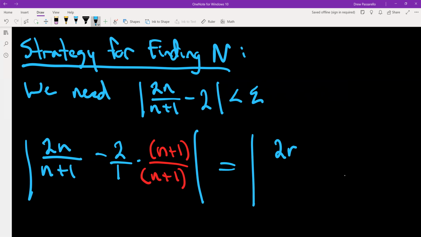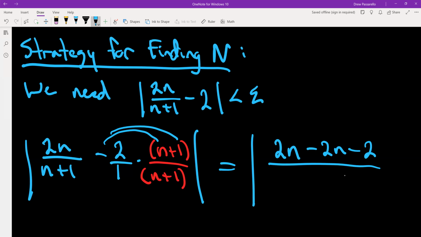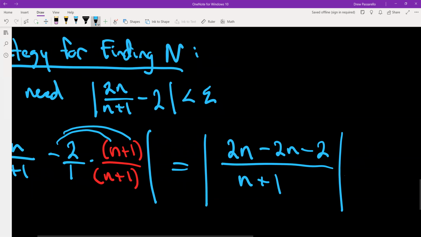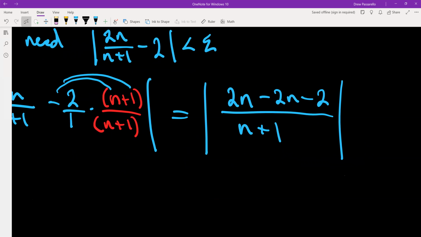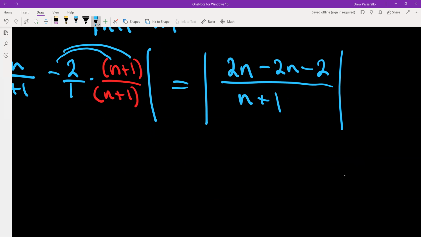So I'll have 2n, and then when I distribute the minus 2, that makes that minus 2n, and then minus 2. And then all of that's over n plus 1. And so the 2n and minus 2n cancel out, so you have the absolute value of negative 2 over n plus 1.